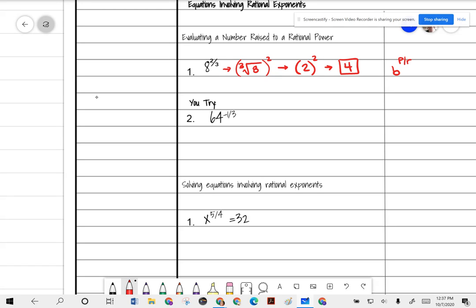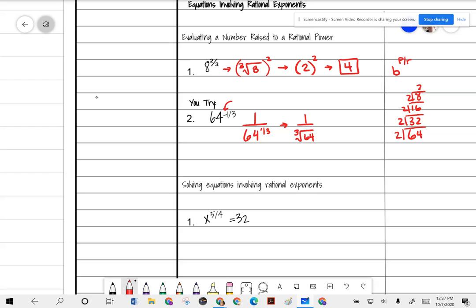So on this one, we've got this negative exponent, which means that you have a fraction. So we're going to go 1 over 64 to the 1/3, which is the same thing as 1 over the cubed root of 64. And so if you were to take it whichever direction you want, if we were to figure out what the cubed root of 64 is, we would just keep dividing by the lowest prime.